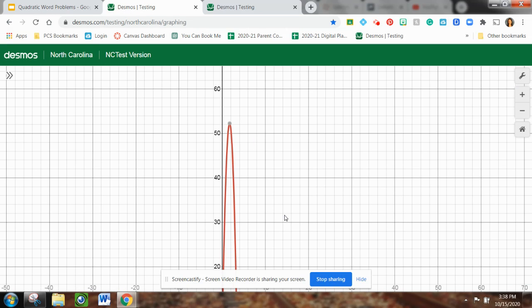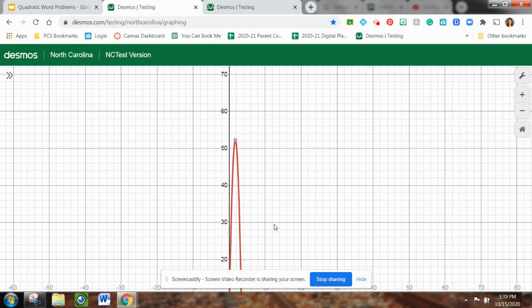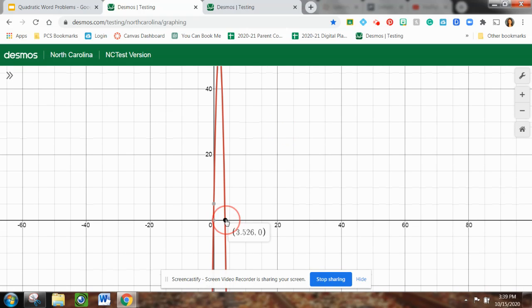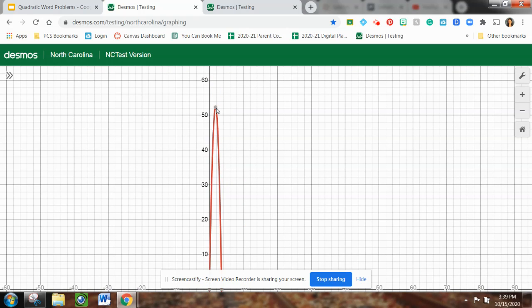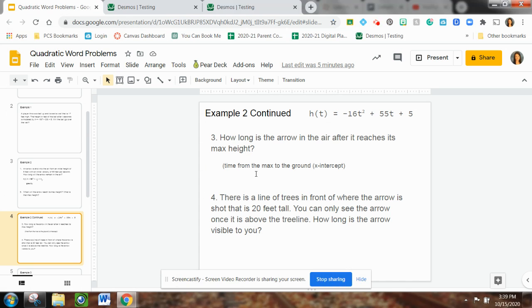Well, I know from my previous question that it lands after 3.53 seconds, and I'm going to subtract the 1.72 seconds that it took to get to the maximum height.